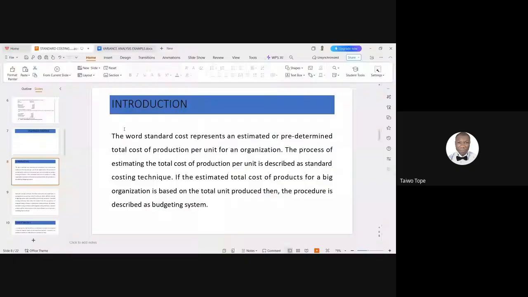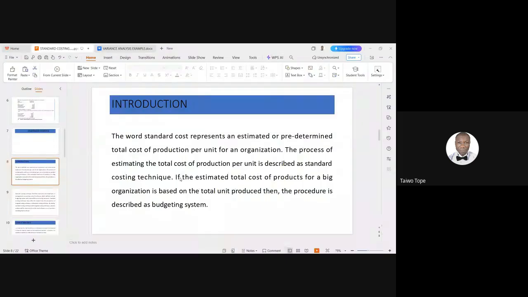So the standard cost shows that for every organization, for you to make production, you have a standard template, you have a standard cost. For those of you that bake, you have a standard to produce a cake, maybe the small pan of a cake, you know the sizes you call them. You know there is a standard measurement for you to get an expected outcome.